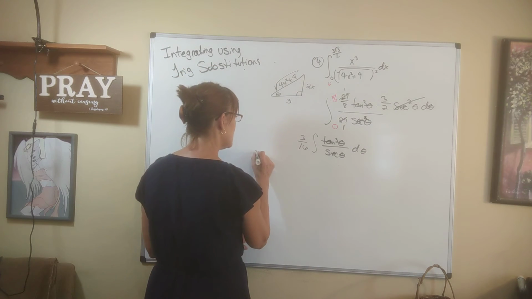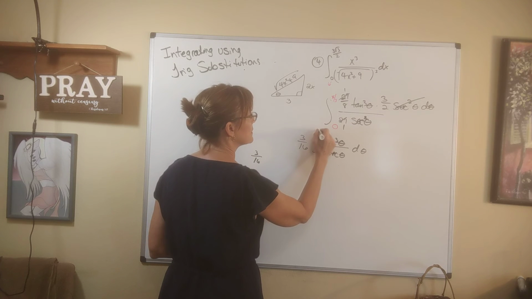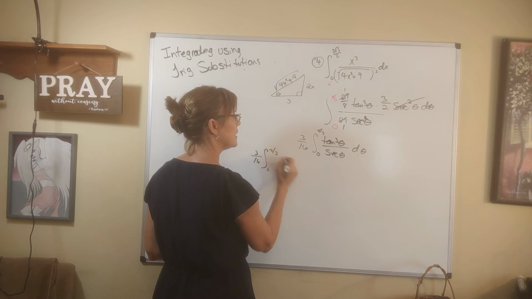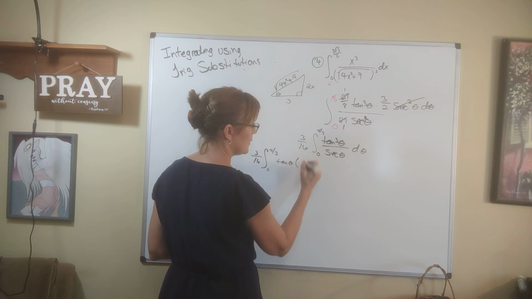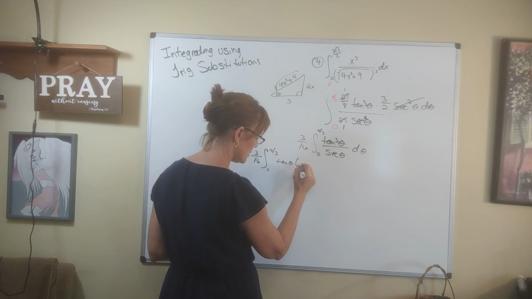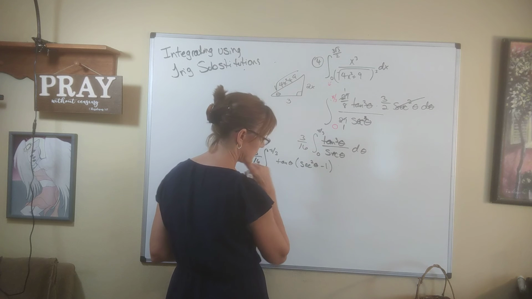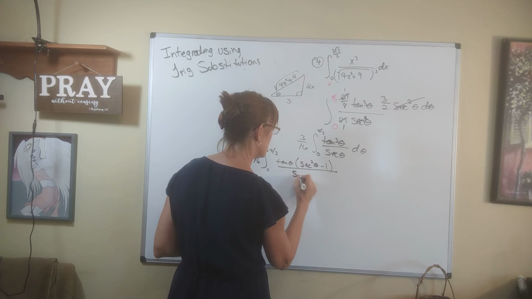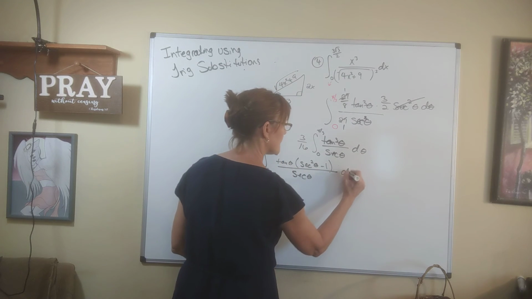So we have 3 over 16. Oh, and I still have these limits, 0, pi over 3, tangent times tangent squared. But I'm rewriting tangent squared into secant squared theta minus 1, over secant theta.